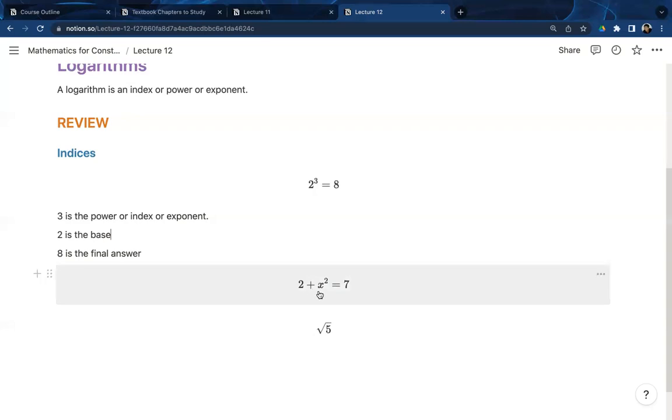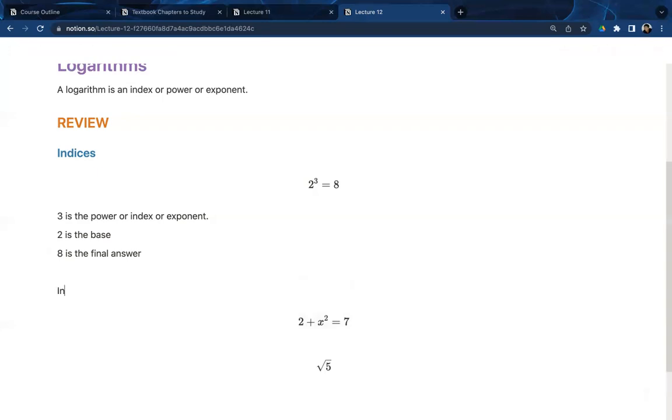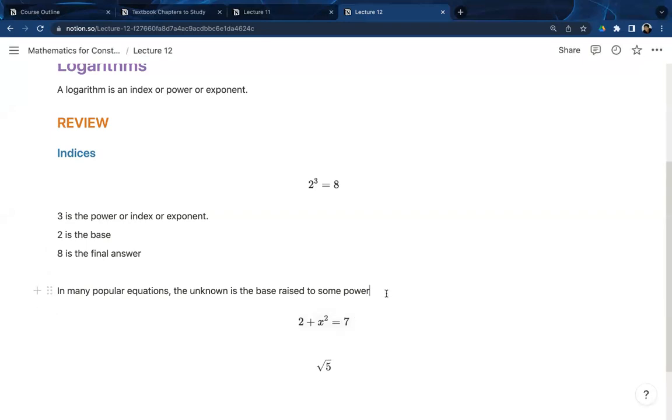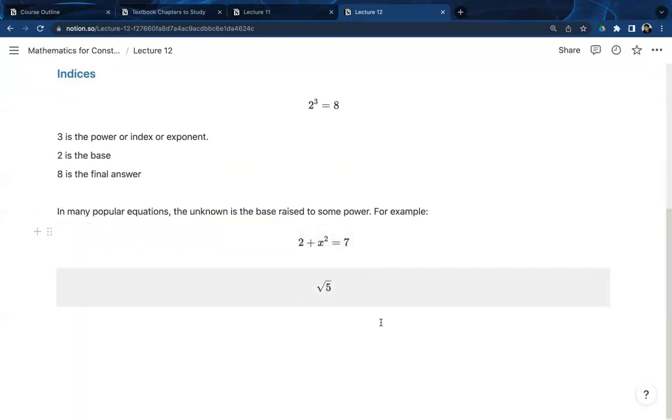The unknown is the base raised to some power, like this equation. So for example, this equation.